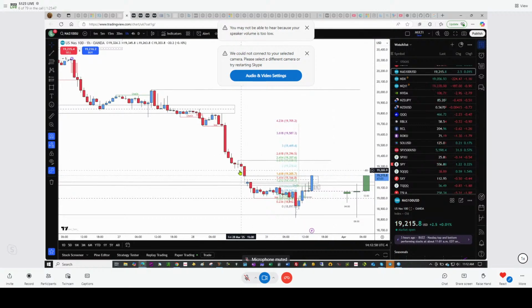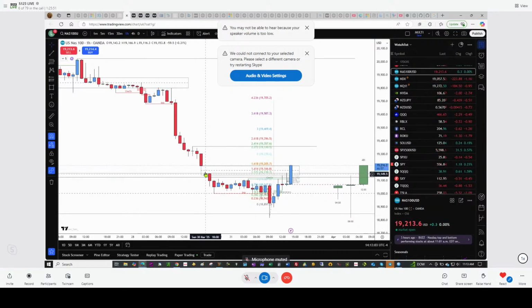Because this gap is a part of that. I mean, I could mark it, but I think you kind of get this gap right here is all a part of this opening. So we could go higher into it and up to these highs up here.